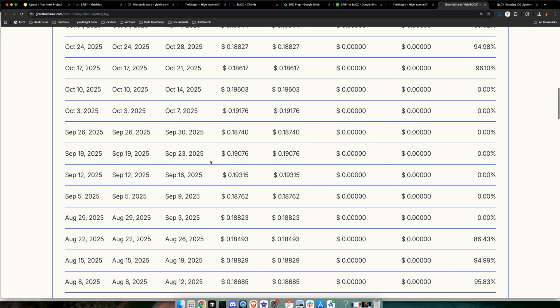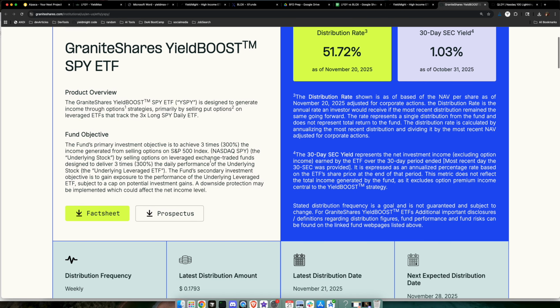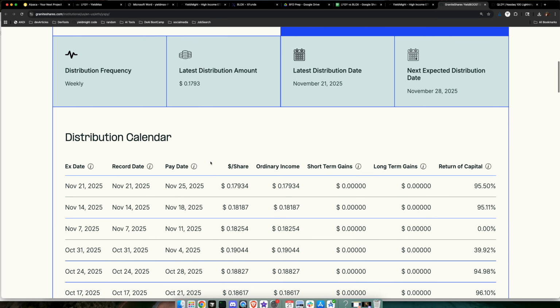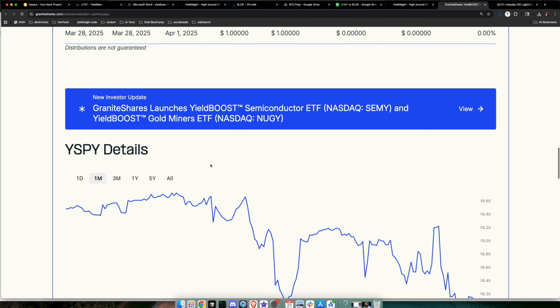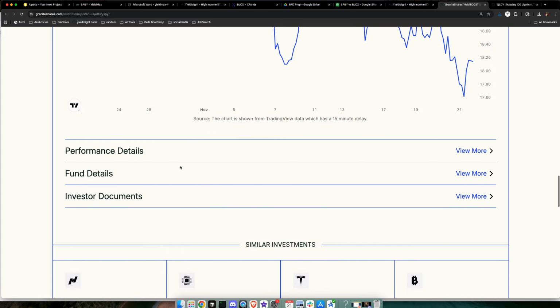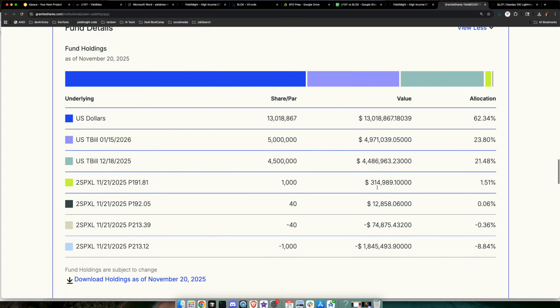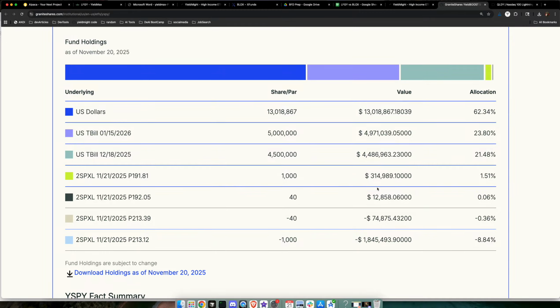I probably skipped over it. Okay, this is the distribution calendar. Fun details, maybe? Yeah, they're using SPXL, not UPro, but they're the same thing.